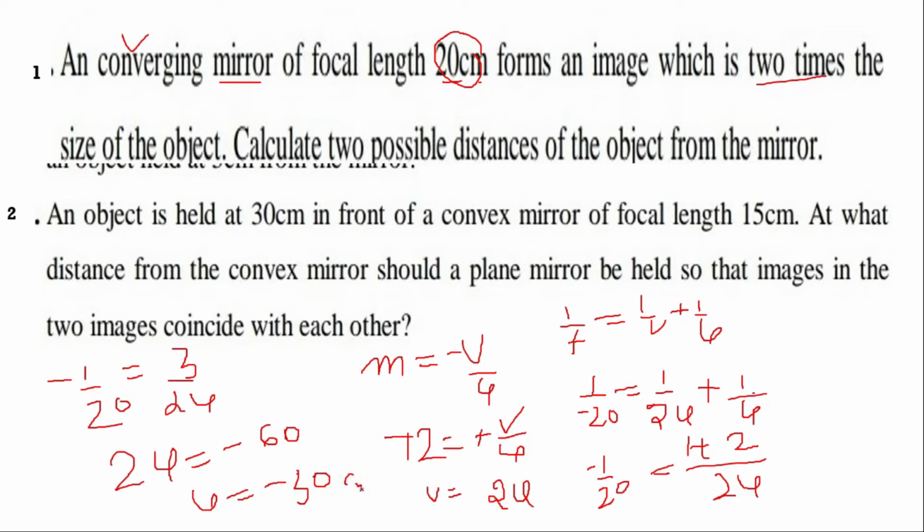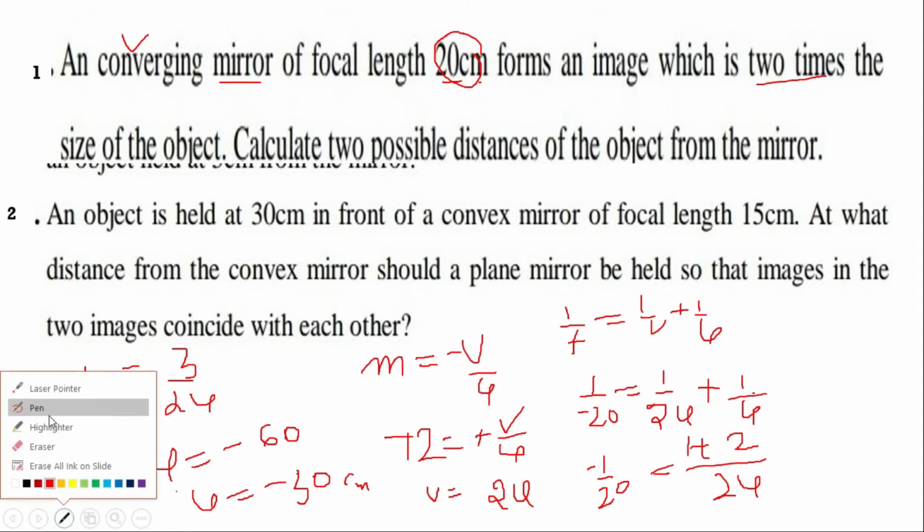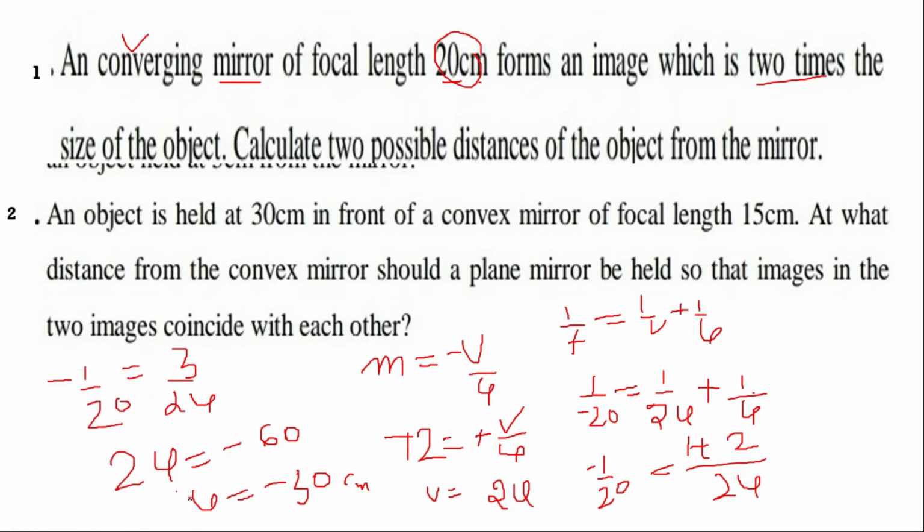So automatically, see, the sign of u is coming negative. It is the concept of sign convention, that u is coming automatically negative. I hope you understood this question well.